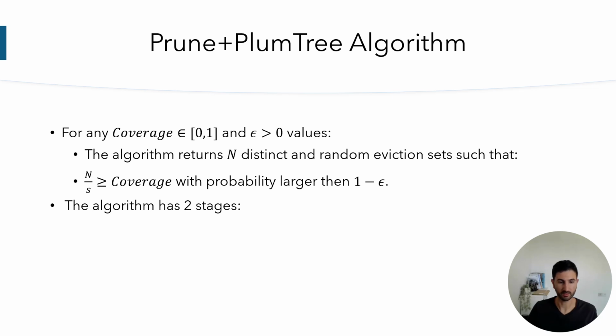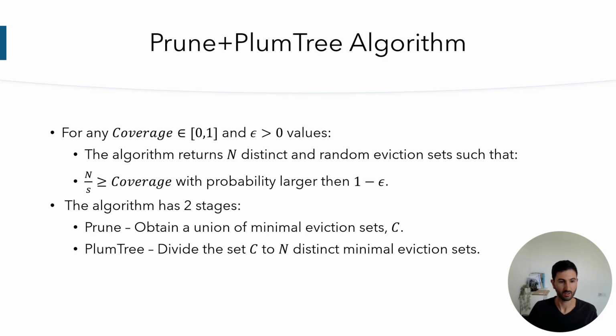The algorithm has two stages. The first one is the prune stage, which obtains a union of minimal eviction sets. We call that set C. Next, the PlumTree stage, which divides the set C into n distinct minimal eviction sets.